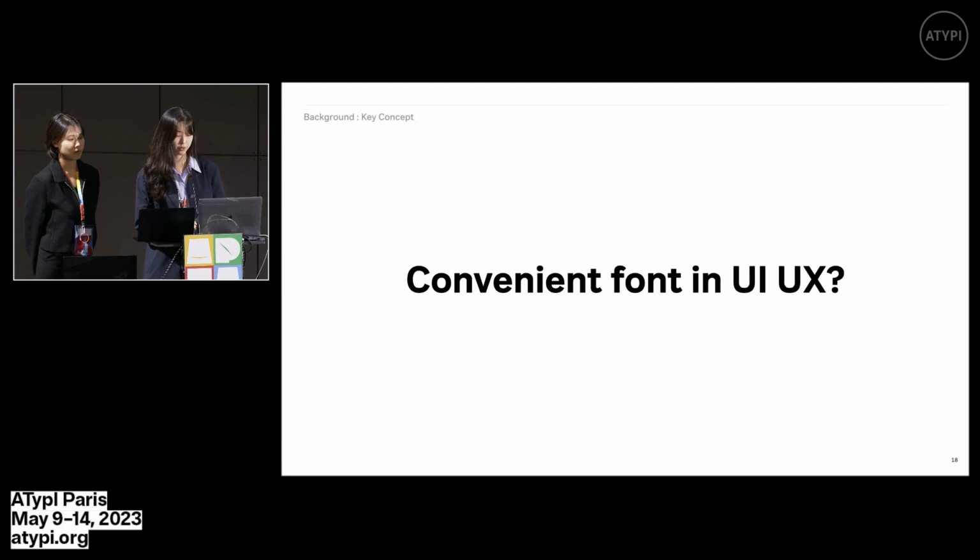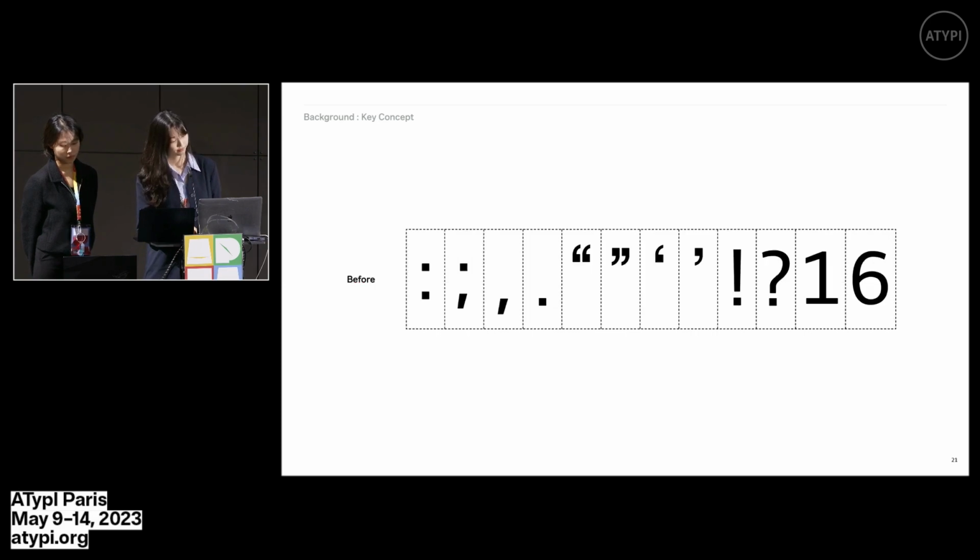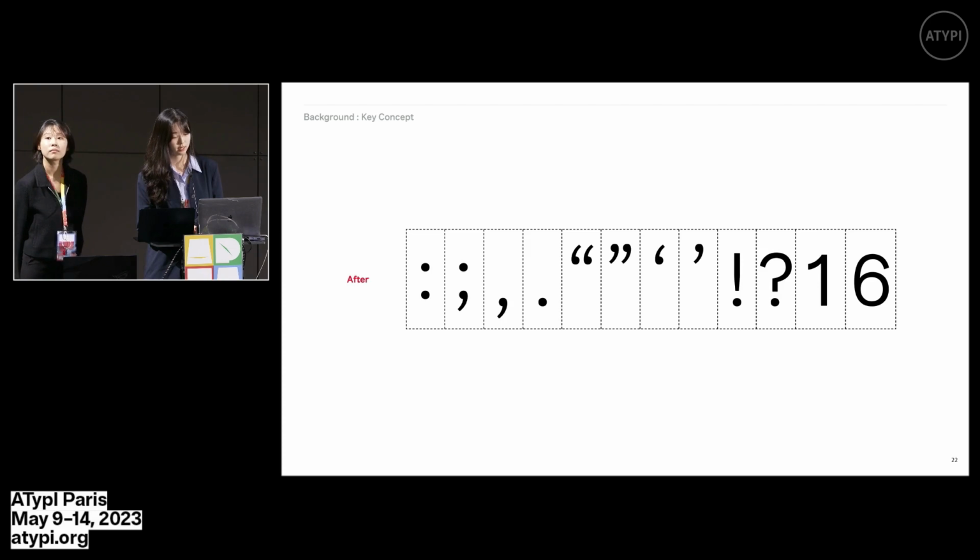Recently, many Korean UI/UX designers have been revising open source fonts to suit their own needs. And these fonts are very popular among UI/UX designers. For example, they changed the size between scripts or revised some glyphs, such as Latin, punctuation, and numbers.